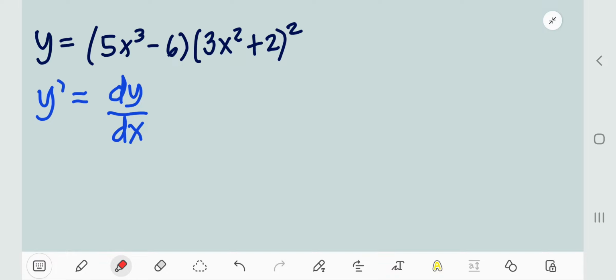Here we are given a function wherein the function is a product of two polynomials. So what we can do is designate the first polynomial as u, which is going to be 5x cubed minus 6. And then we have the second function, 3x squared plus 2 all squared, which can be designated as v.